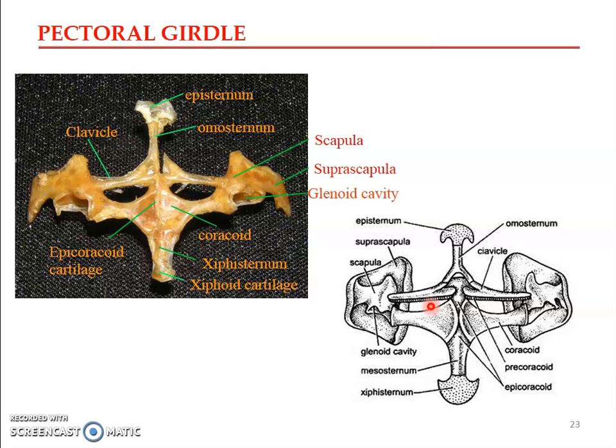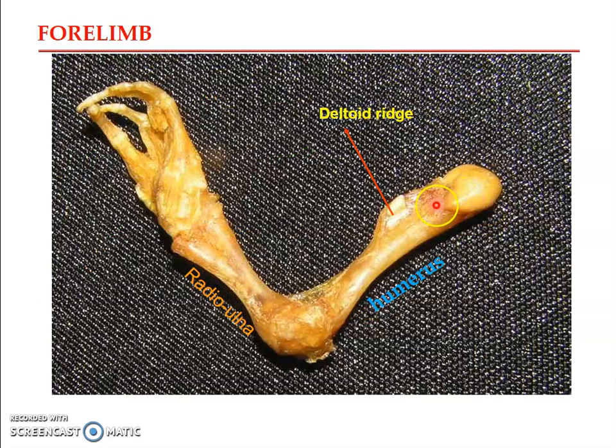These 4 bones form the coracoid region, while the scapular region is formed of the suprascapular on the dorsal side and scapula on the ventral side. The scapula is bony in nature, the suprascapular is bony plus cartilaginous, with a glenoid cavity for receiving the head of the humerus. Now the forelimbs we have already seen.